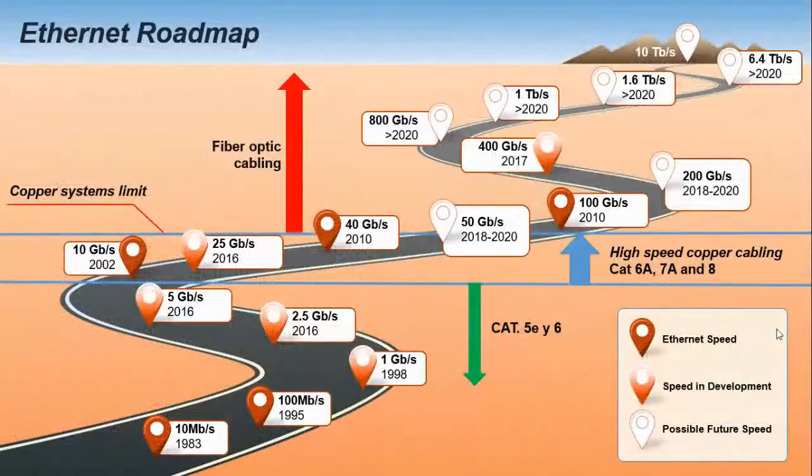But okay, let's move on to today's topic. And we're going to start by addressing the most important technology employed nowadays in LANs, which is, of course, Ethernet. Ethernet is a family of computer networking technologies.